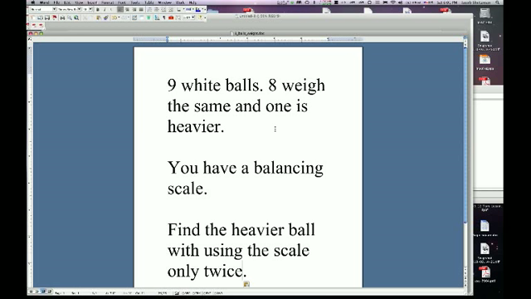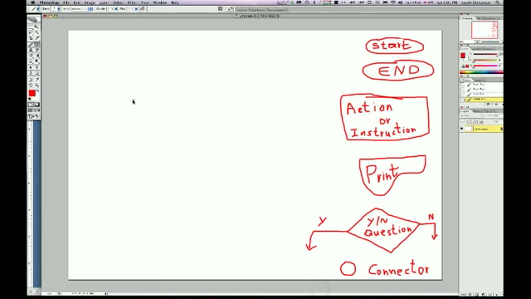So for our assistance we have a balancing scale. What is a balancing scale? A balancing scale is a scale that doesn't show weight, but it looks like this. It's probably better if I draw it.